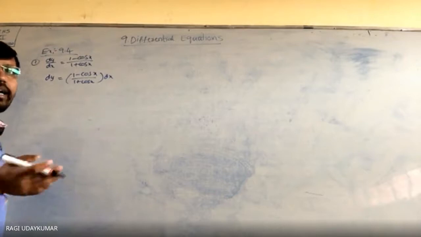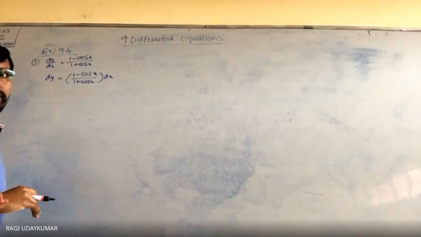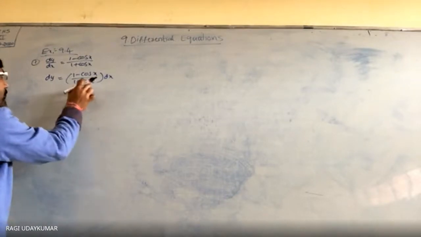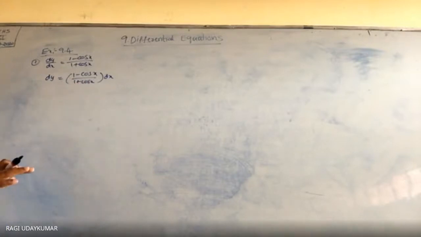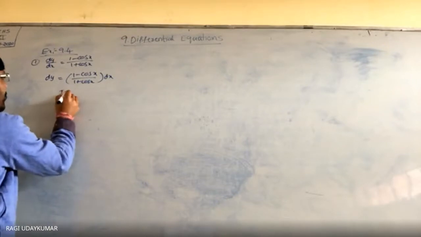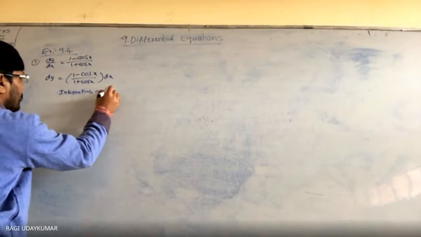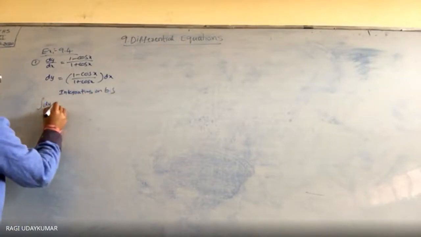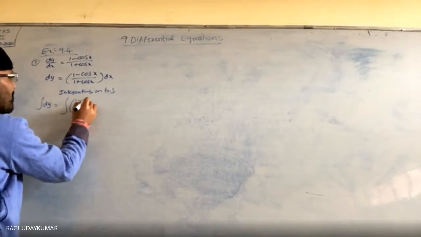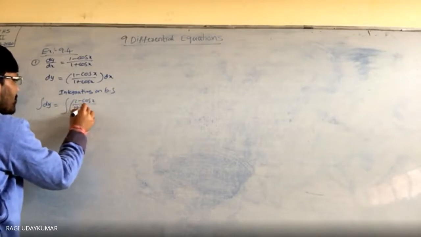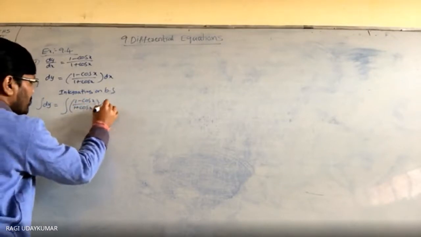So now integrating on both sides of the equation. So integration of dy is equals to integration of 1 minus cos x by 1 plus cos x into dx.